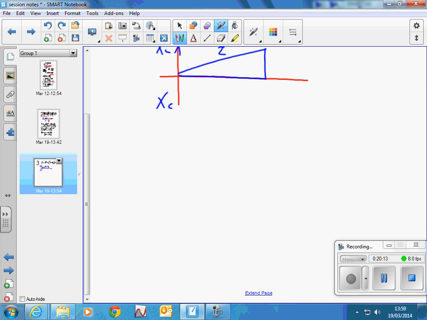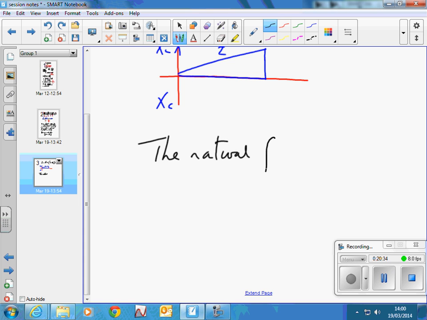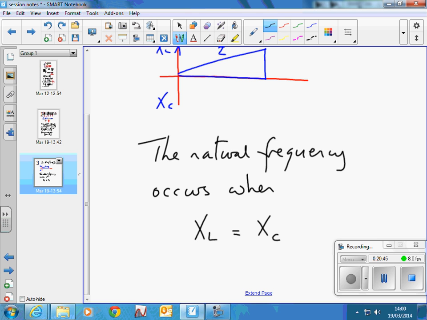The natural frequency occurs when we get the largest possible current, and the largest current is when we've just got the resistance and the capacitive effect is matching the inductive effect, they're matching each other, when they're equal to each other. So we get the natural frequency occurring when XL equals XC.